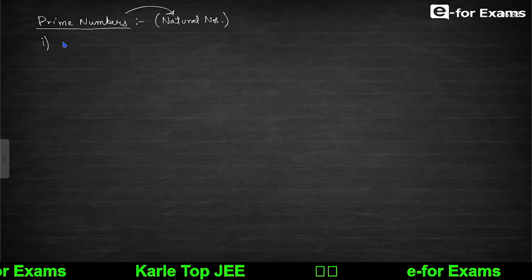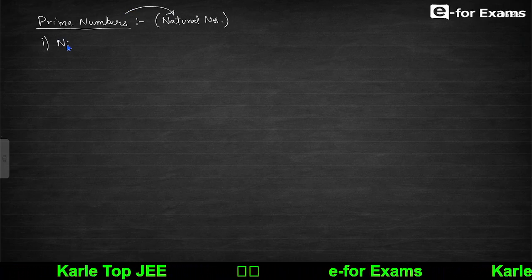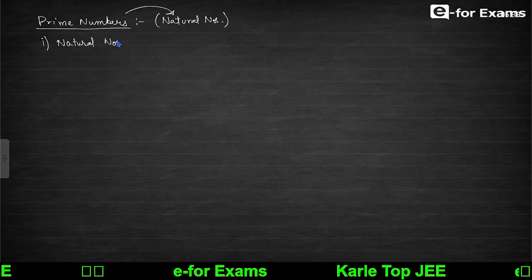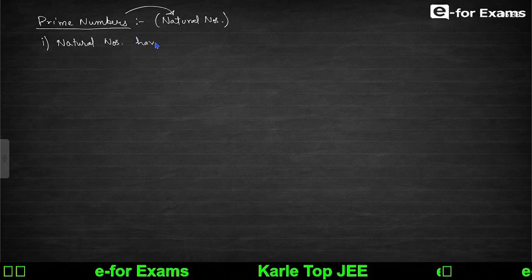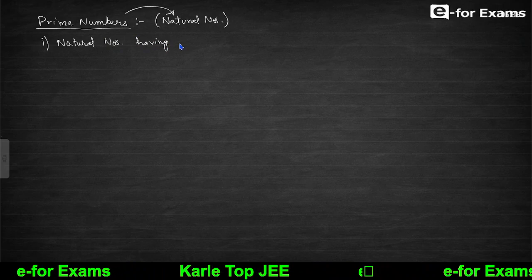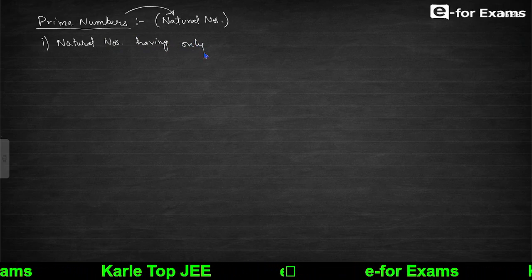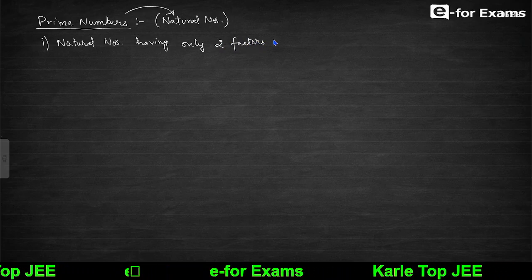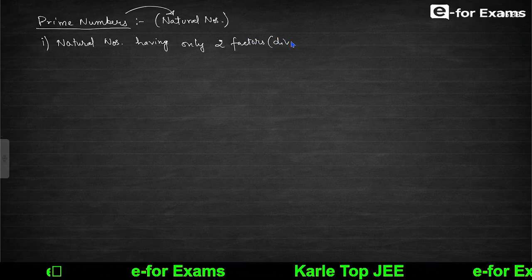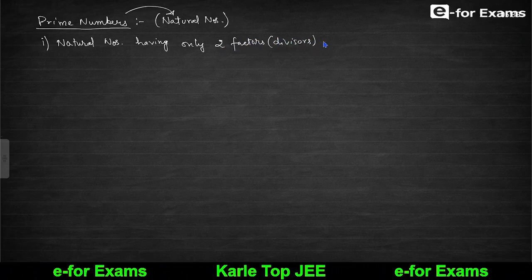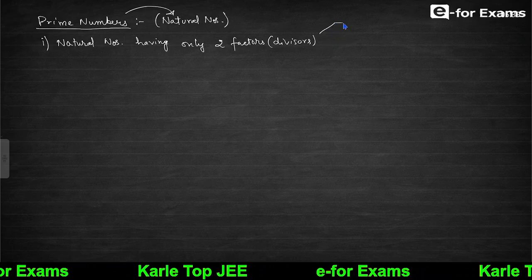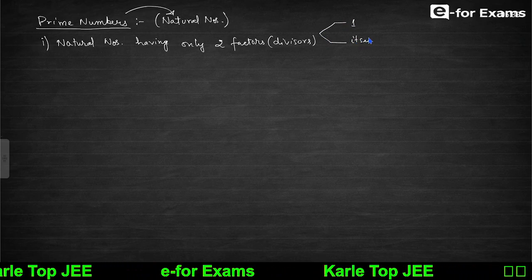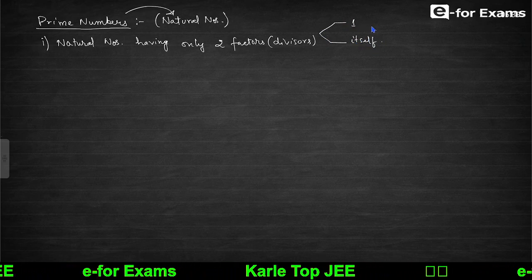So the definition would be: natural numbers having only two factors. Factor means divisor. Only two factors, that is 1 and itself.